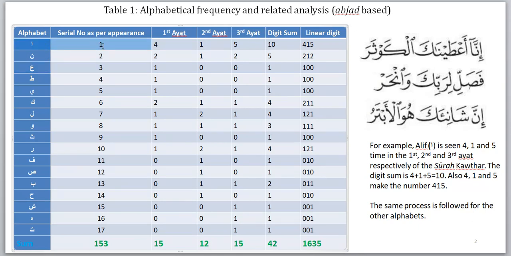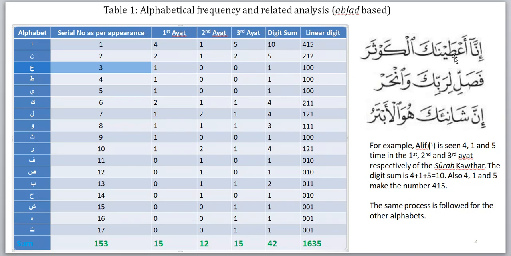In the fourth place there is also alif, but due to its existence in the first place, it is not placed in this table. Here the third place is actually for ain. So alif is first, noon is second, and ain is third place.